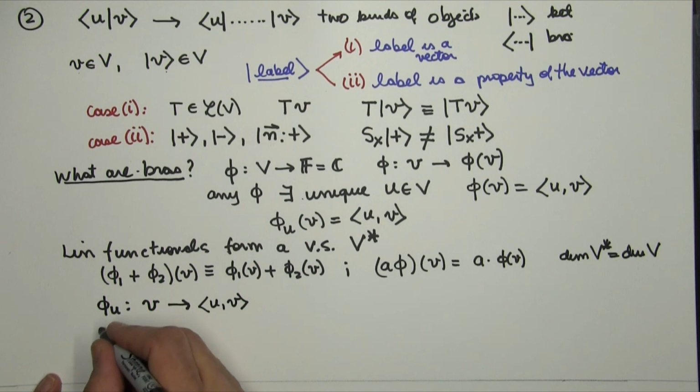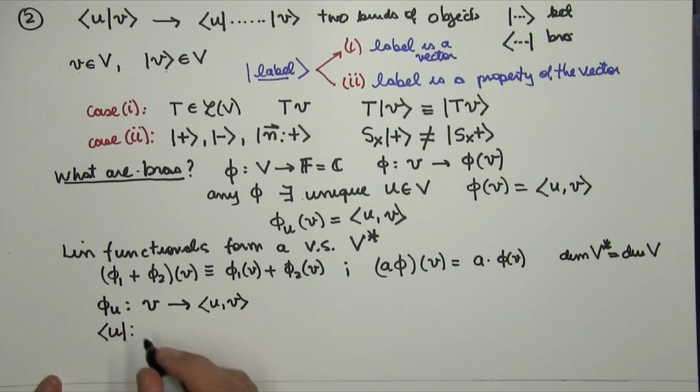And now let's think of a bra. This is a bra. Just like the linear functionals are labeled by a vector, the bra is labeled by a vector. Just like the linear functional can act on a vector, the bra also can act on a vector in a very simple way.